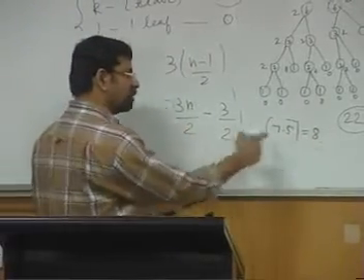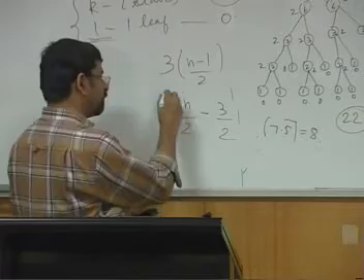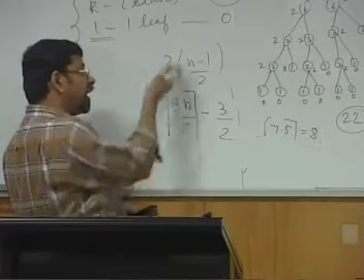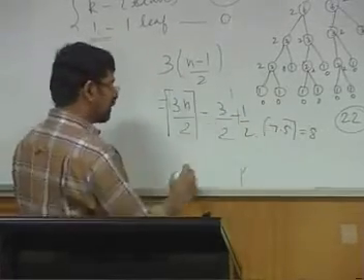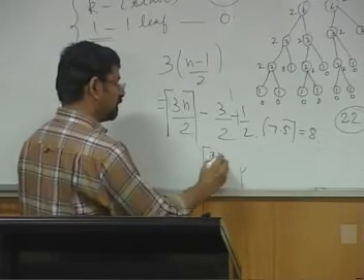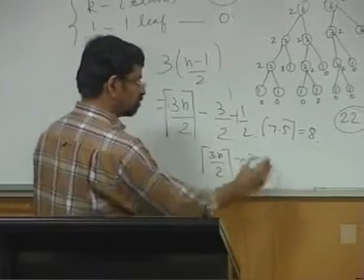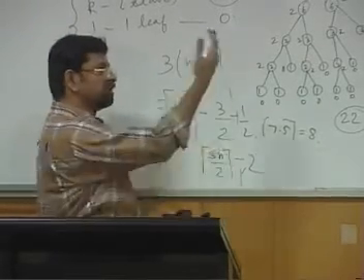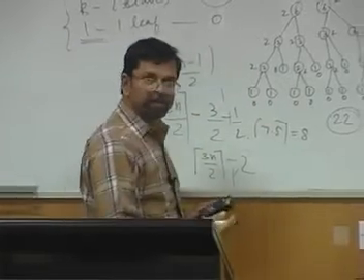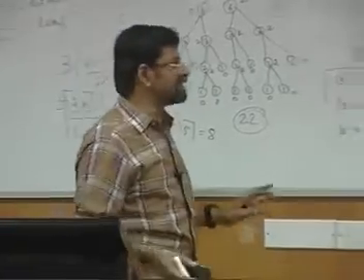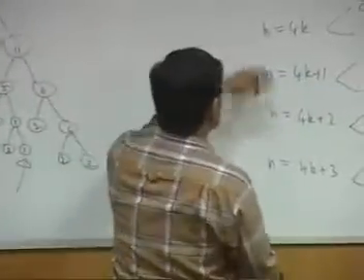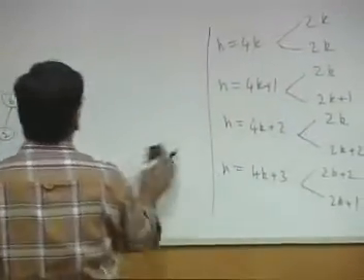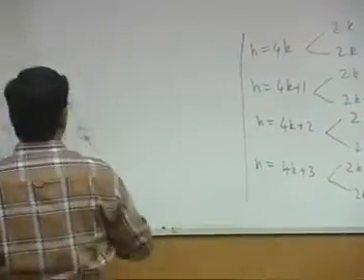So the exact value will be the upper integral part. I am adding half and subtracting half here, so this becomes the upper integral part of 3n by 2 minus 2. And this formula holds good even when n is even. So whether n is even or odd, if you split like this, it is 3n by 2 minus 2.